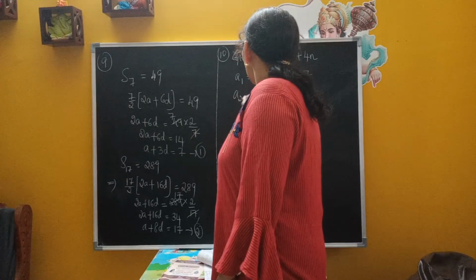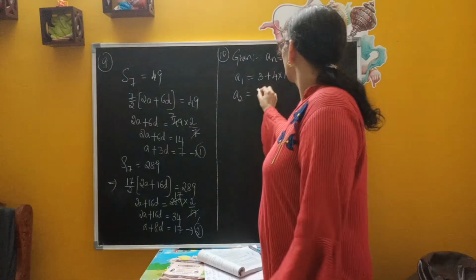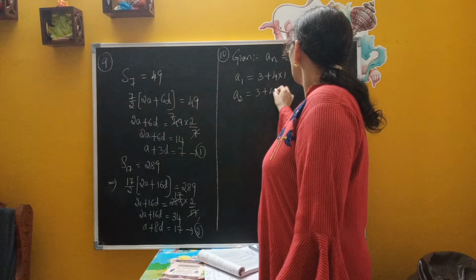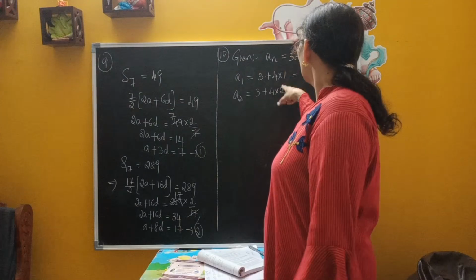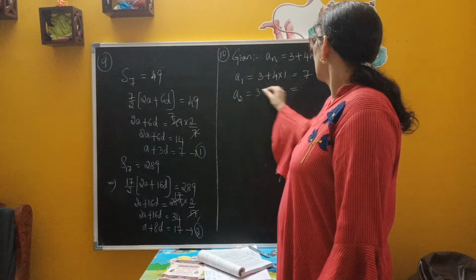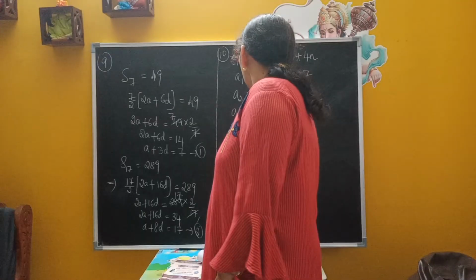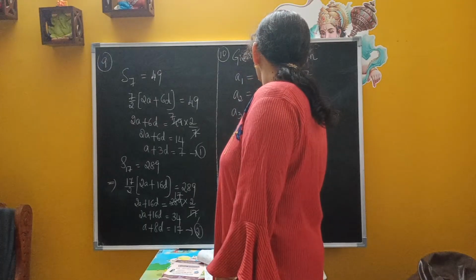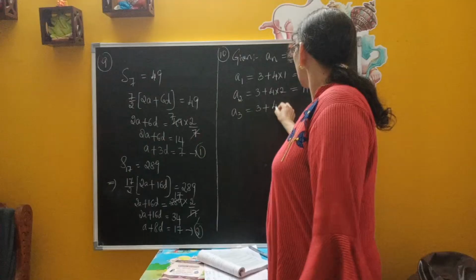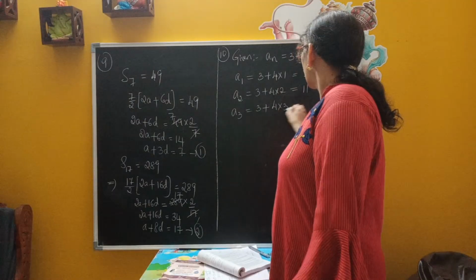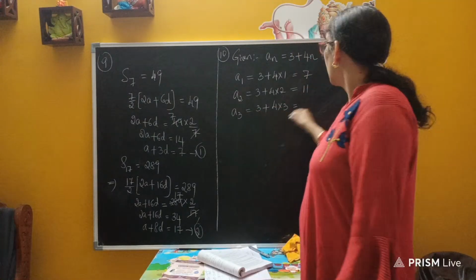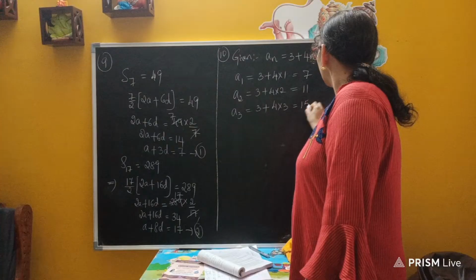Second term, that is A2, is equal to 3 plus 4 2s are, okay, n value 2. 4 2s are 8. 8 plus 3 how much? 11. Next, A3. How much? 3 plus 4n, that is 4 into 3. Okay, 4 3s are how much? 12. 12 plus 3, how much? 15.